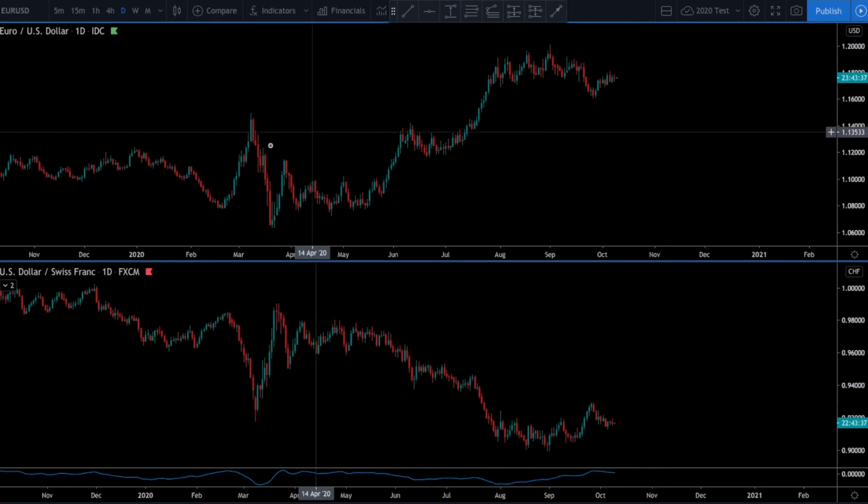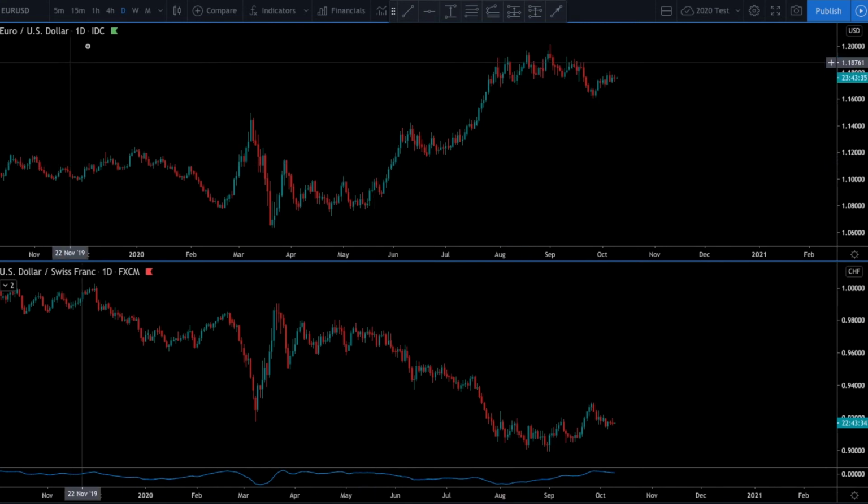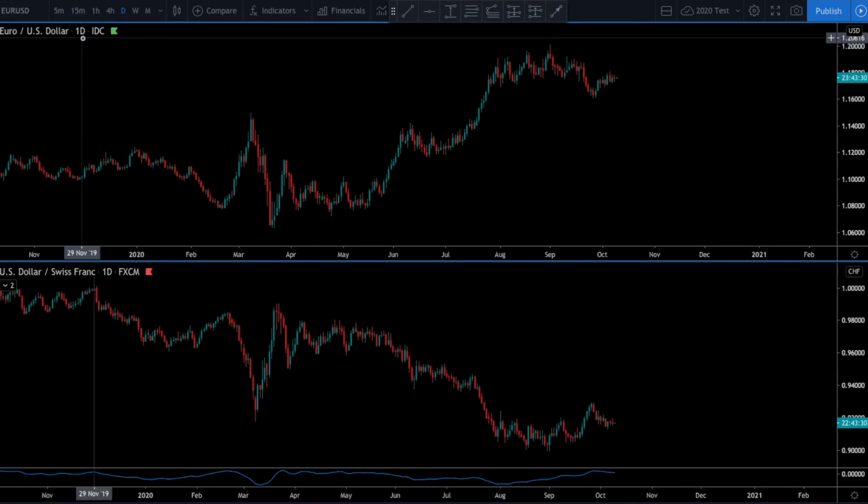This example and the previous example are both on the daily time frame, and that is the main time frame that I use for correlation, because most of my trade decision is based on what is happening on the daily. So that is where I make a decision to drill down to the lower time frames to time a position.